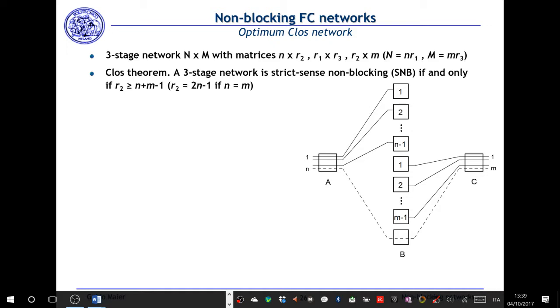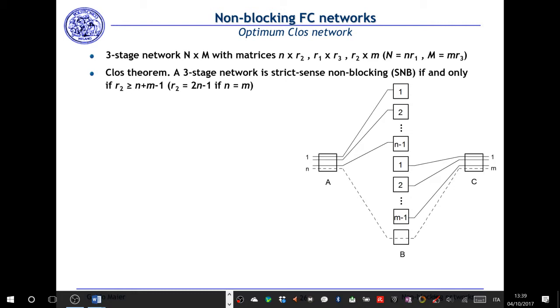So in total we have n minus 1 plus m minus 1 matrices that are taken. In order to set up the new connection, we need an extra matrix. So we need n minus 1 plus m minus 1, that becomes n plus m minus 2, plus 1, n plus m minus 1. Okay, that is the proof.